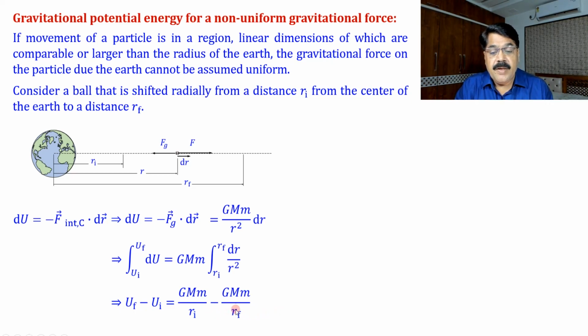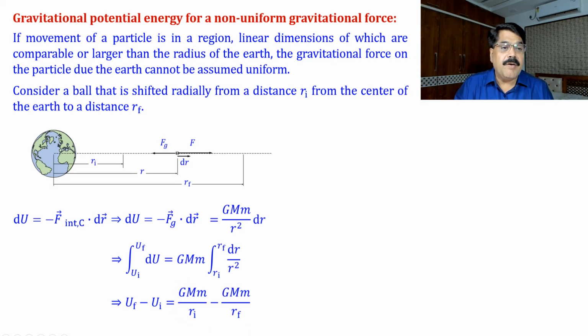As rf is increasing, this value will decrease. And at an infinitely away point, this value will be GMm by r. So as we are moving away, the gravitational potential is decreasing, and very far away from the Earth, the right hand side will become infinitely small.